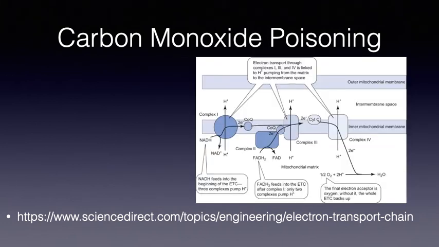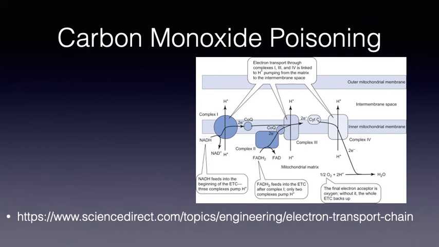It's complex 4 that carbon monoxide and cyanide inhibit. As part of oxidative phosphorylation, complexes 1, 3, and 4 are all proton pumps. So by inhibiting complex 4, carbon monoxide and cyanide decrease proton pumping. The idea is that by cumulative effect of complexes 1, 3, and 4, we would like to make the intermembrane space crowded with protons, so they want to get away from each other and escape back down through the ATPase turbine.